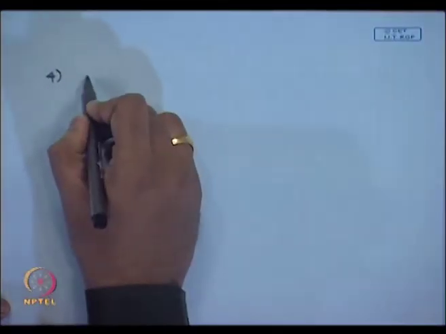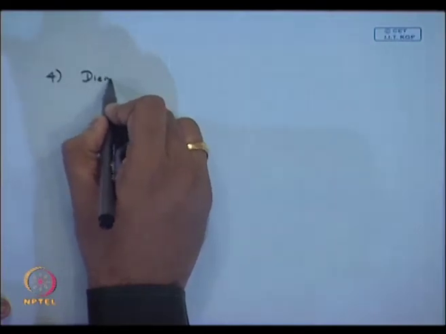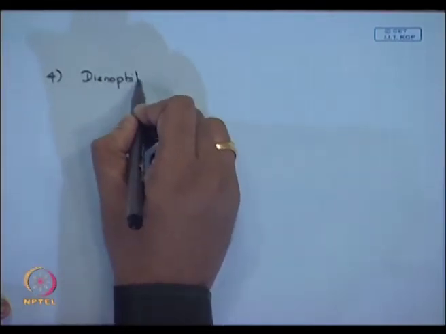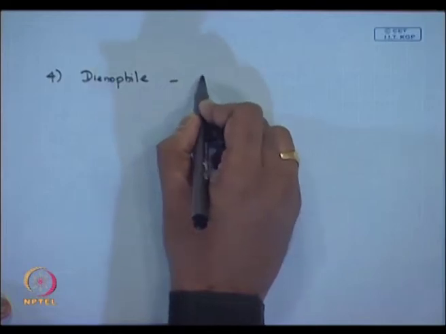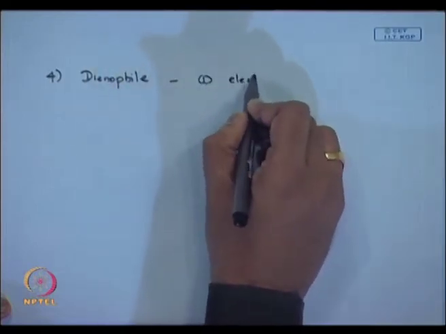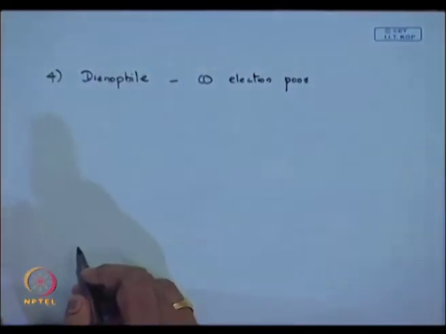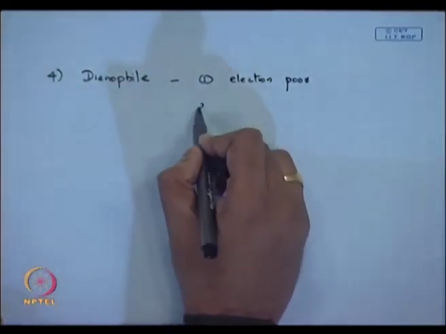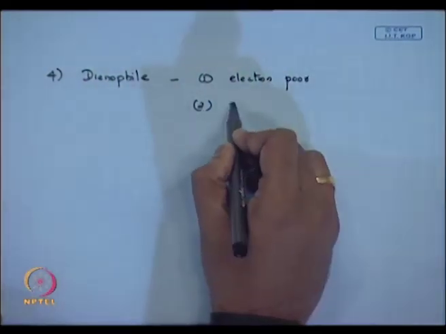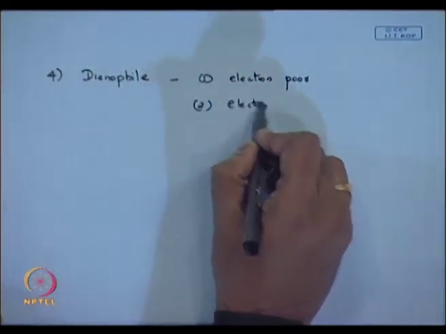Then we slowly went to the dienophile. The first thing we said is that it should be electron poor, right. If it is electron poor, it essentially means that you should have an electron withdrawing group.